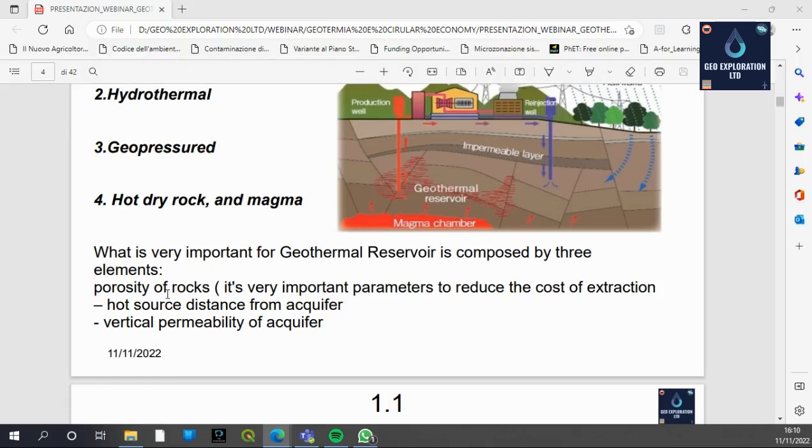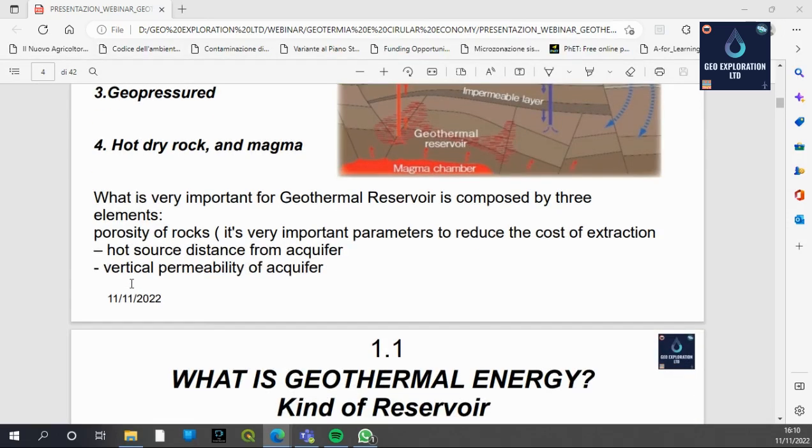In fact, we have to imagine the geothermal system in function like a sponge. So if you have low porosity, we need to stimulate the porosity of the system, and so this is one best focus of exploration and drilling.